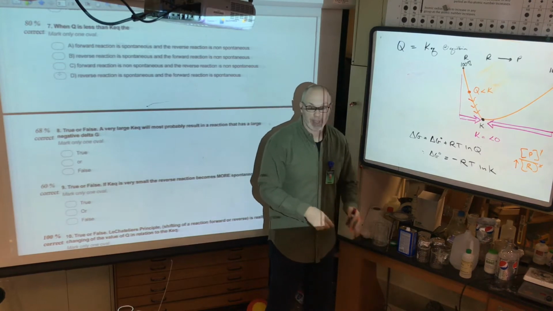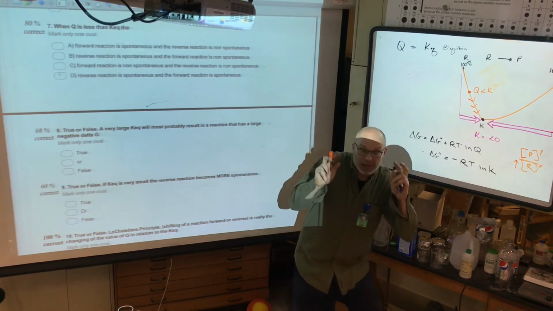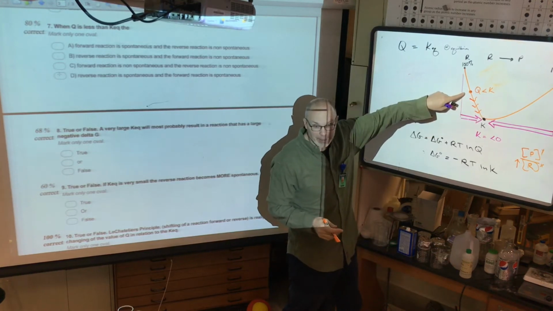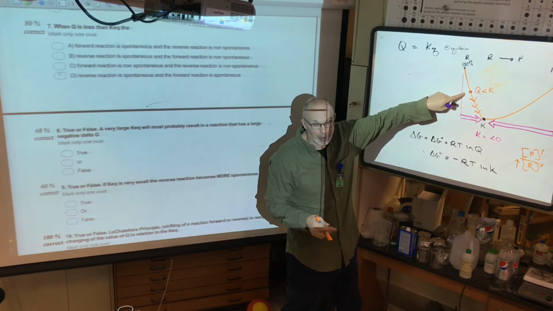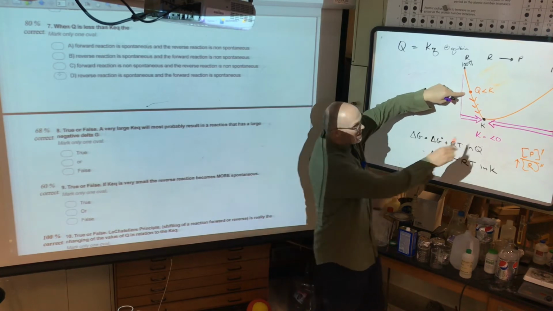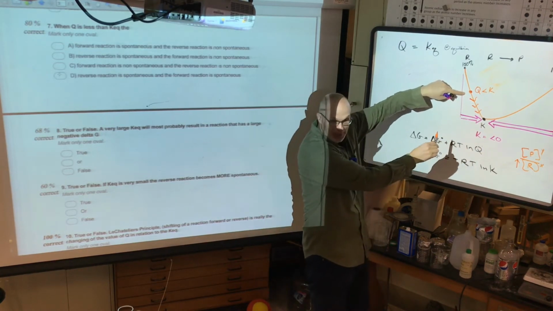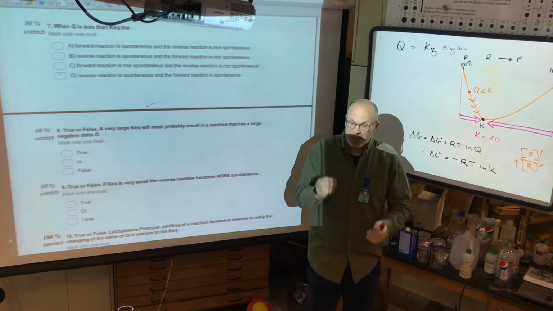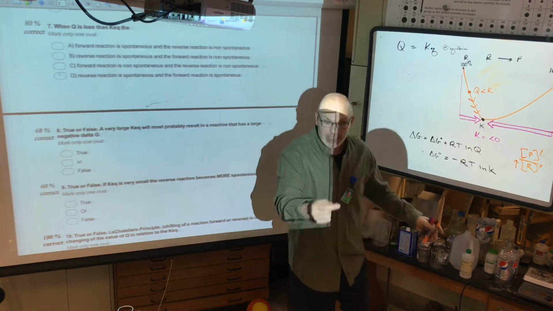Last night, KSPs, salts that are insoluble, actually do dissolve only when you have values of Q that are less than K, but it's really, really hard to get there if this K is really, really small. But it is possible. There is some solubility. As I said last night, things that we say are insoluble actually do dissolve.